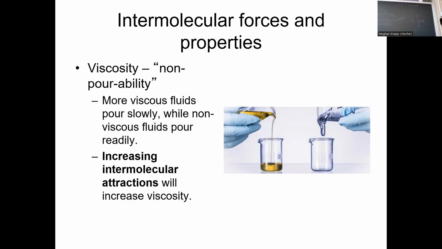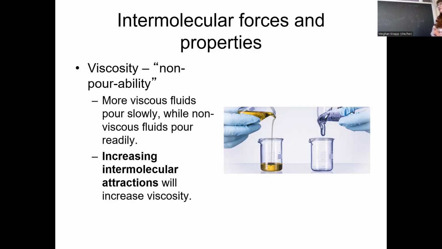If you turn it into a cube, it's going to flow, but it's going to do that slowly. Okay, so this is viscous. This is not viscous, so this would be an oil. So as we have higher intermolecular attractions, especially hydrogen bonding, we tend to have more viscosity.